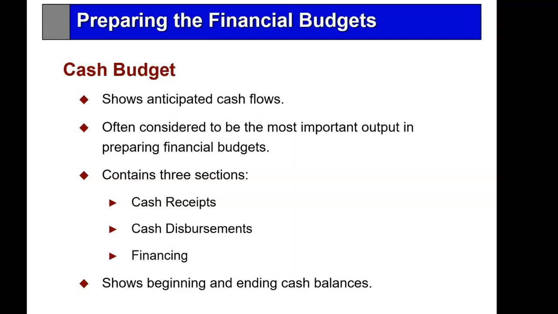Now, simply put, it's only 3 sections. Cash receipts, that's cash coming in. Cash disbursement, that's cash going out. And if I need to borrow money because I don't have enough cash coming in to meet the cash going out, I have to have a good working relationship with the bank manager, and I have to be able to borrow money immediately to cover my deficit.